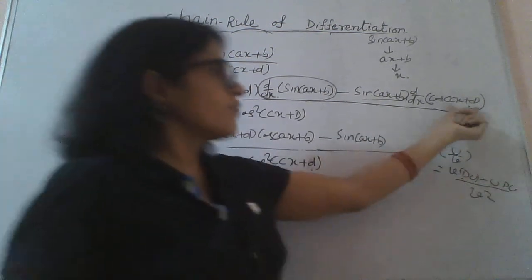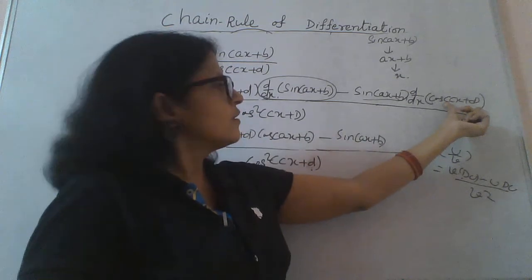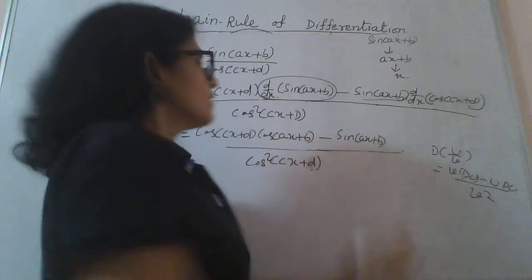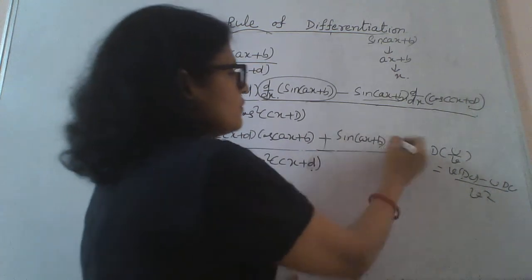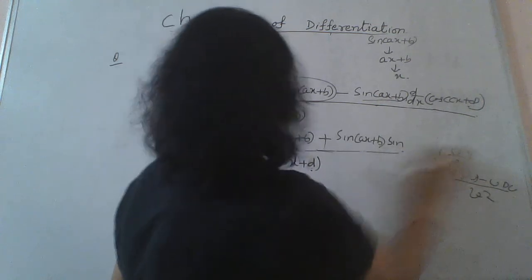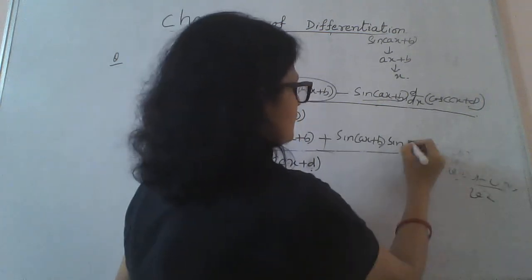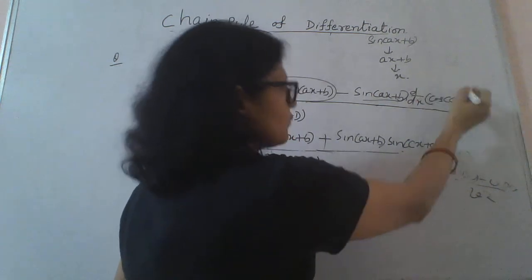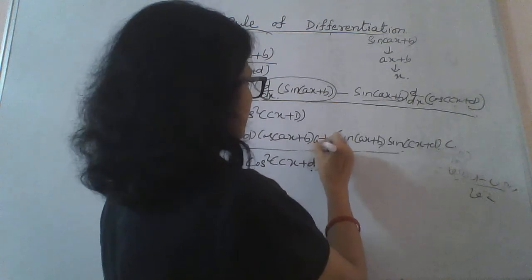Now the derivative of cos cx plus d, again with respect to cx plus d, is minus sin cx plus d, and the derivative of cx plus d with respect to x is c. Here similarly it is a.